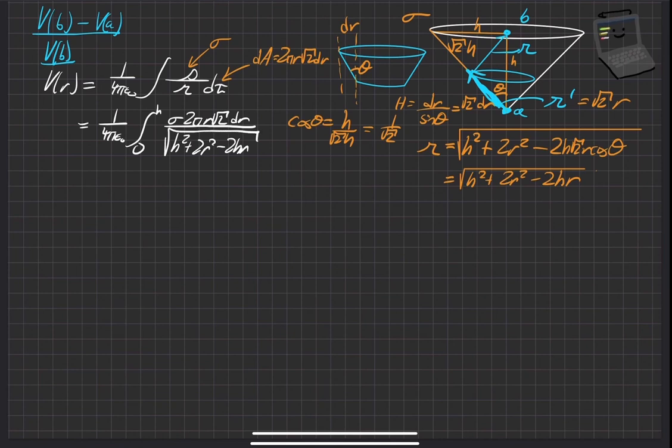All right, so we can go ahead and do some cleaning up here. Pi's cancel out. We can go ahead and move all those constants out to the front.